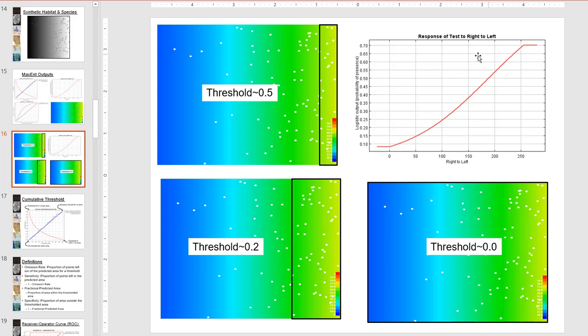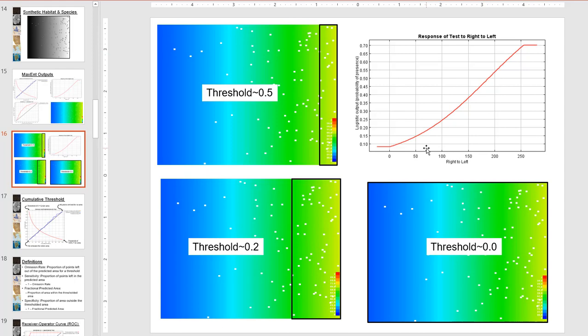So if we thresholded it at 0.5, then this area of the covariate would be considered habitat, and that's actually what we've shown here. And then if we move down to 0.2, here we've got the area considered habitat.